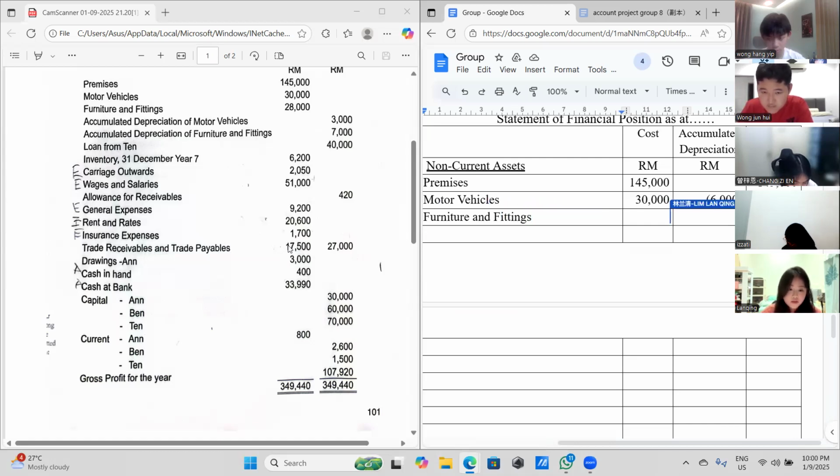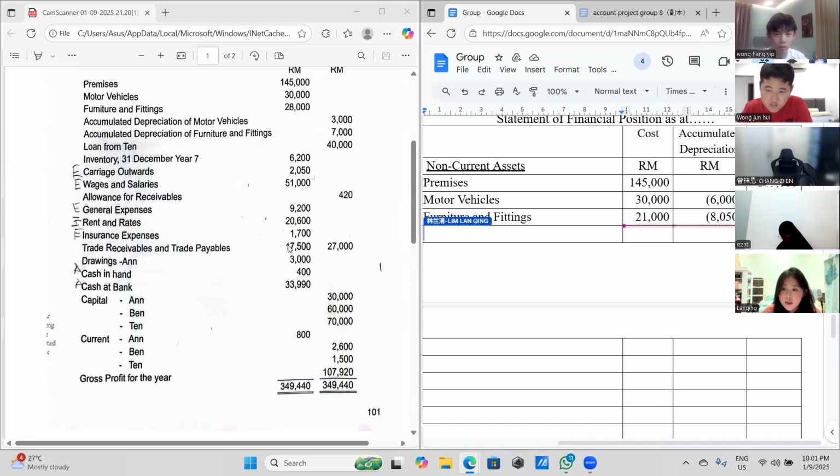The cost of furniture and fittings will be 21,000, and the accumulated depreciation will be 8,050. The carrying amount will be 19,950.